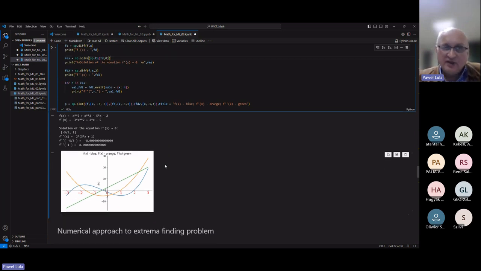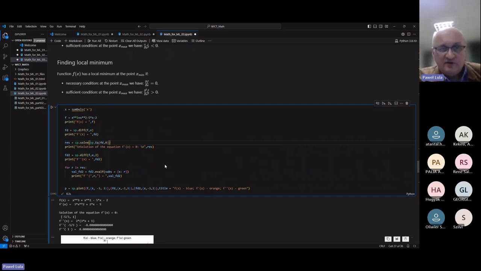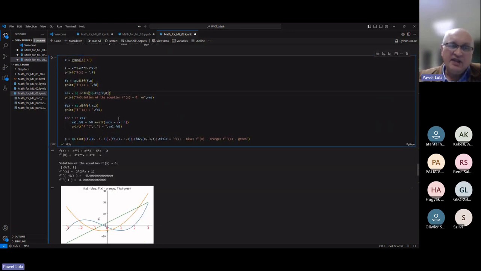Of course, we can do it when we are able to solve these equations, that the first derivative is equal to 0, when these functions are not very complex and we can find a function describing the first derivative. But this equation is the biggest problem. Here, because I use the SymPy package, I was able to perform all these operations.